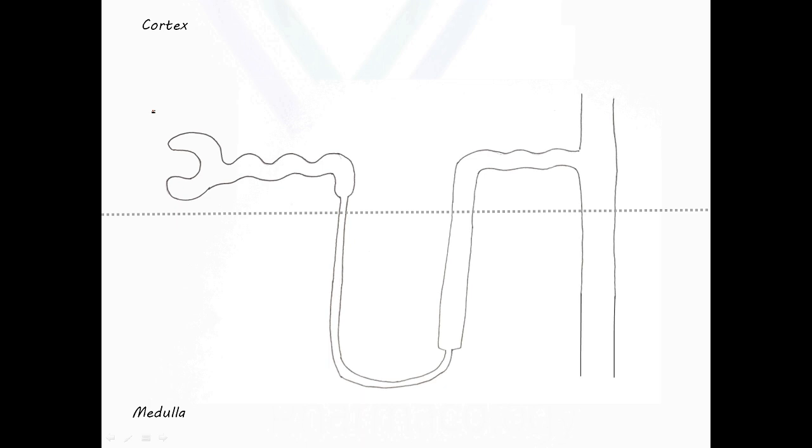This protein-free ultrafiltrate then reaches the proximal convoluted tubule. The proximal convoluted tubule is permeable to both water and solutes. Please note that the water absorption in the proximal convoluted tubule is proportionate to that of solute. So the tubular fluid remains isoosmotic here.